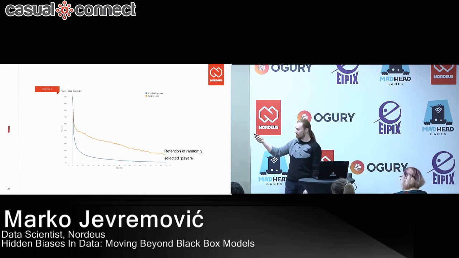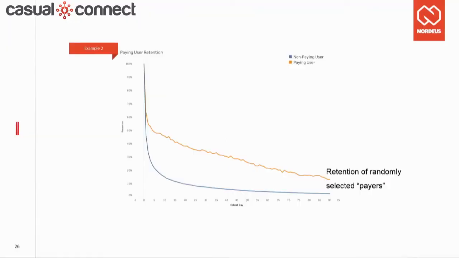So the orange line is actually the retention of these false payers. And the reason is, if you go back to the graph I showed of how engagement actually looks over time in retention, over time you're losing less engaged people. And those who are more and more engaged actually remain in the game.